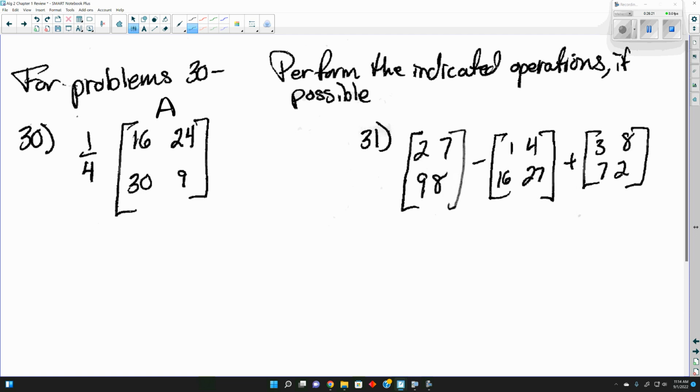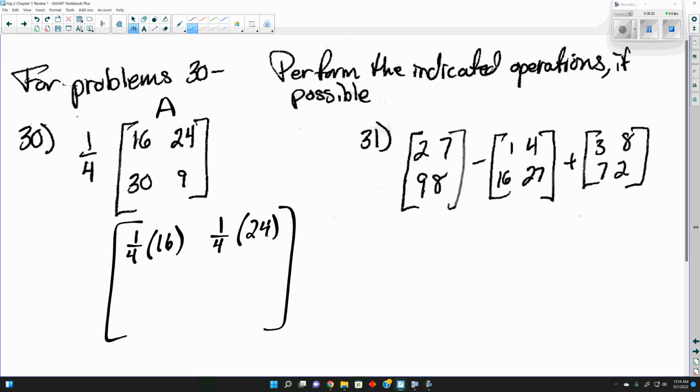If we did this by hand, we're multiplying each element by 1/4. So we're multiplying 16, 24, 30, and 9 by 1/4.